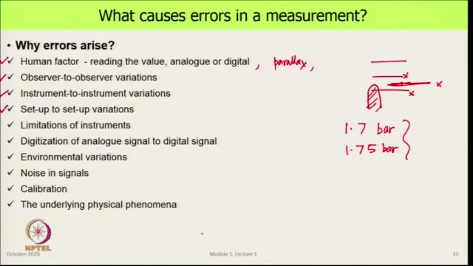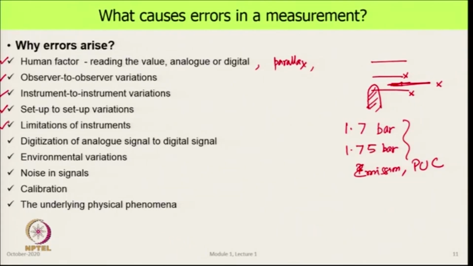Another example could be measuring the pollution of a car or the emissions from a vehicle. If you try to get a pollution under control PUC certificate, one instrument will give you some value, another instrument will give you another value. One may say that you are okay, the other says no, your car is polluting, do something about it.